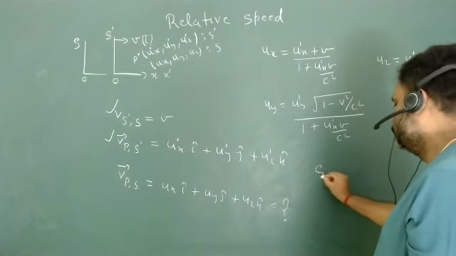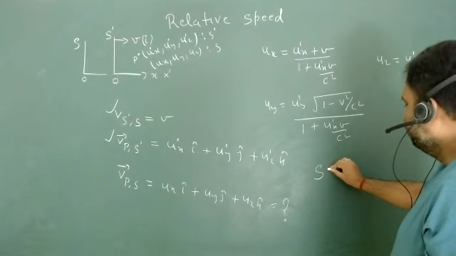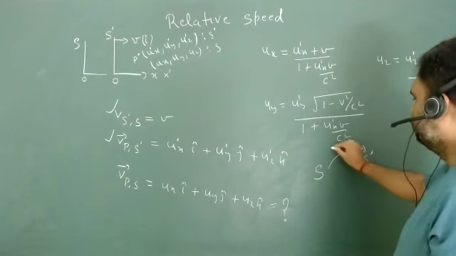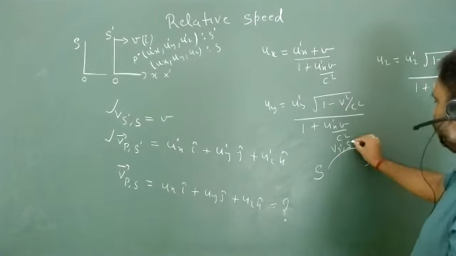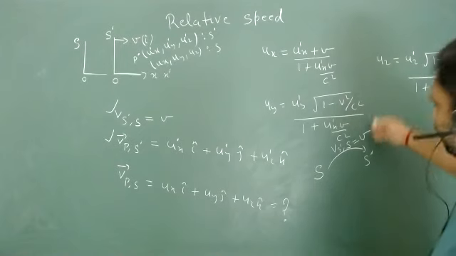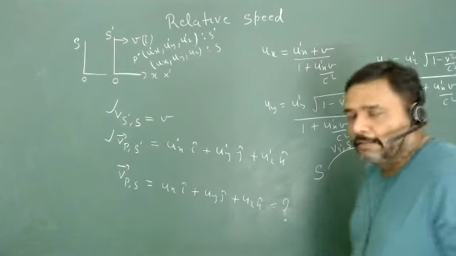First, I know what my S frame is. Then the relationship between the S and S dash frames is given by the velocity of S dash with respect to S, which is popularly known as v. Obviously it can move in the i cap, j cap or k cap direction, depending on the situation.